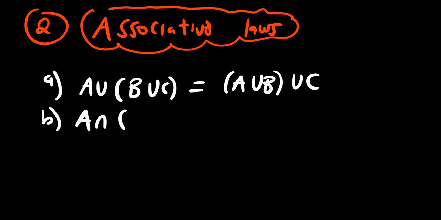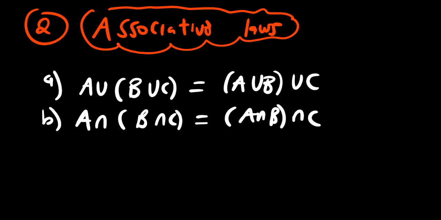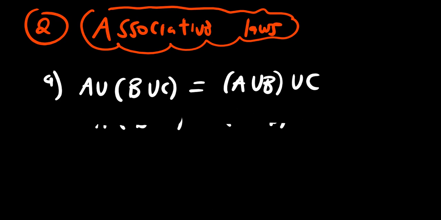Okay, A intersection B intersection C is equals to A intersection B intersection C. So these are the two associative laws that you need to understand. Now, for illustration's sake, let's solve the first one. The second one we will not solve. You can prove it. Okay, so let's solve the first one.